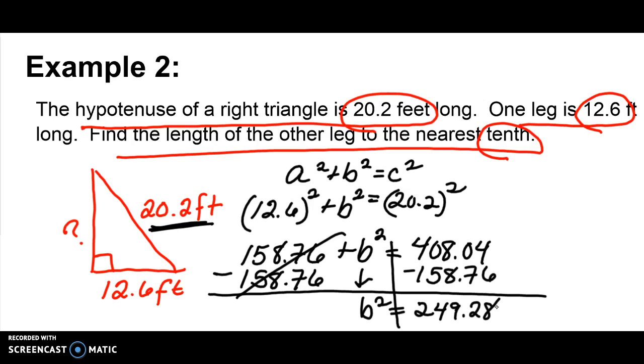Now I want to take the square root of both of those. So if I take the square root of 249.28, I get b equals 15.7888 or so. It says round to the nearest tenth, so 15.79 would round to 15.8, and that's in feet.